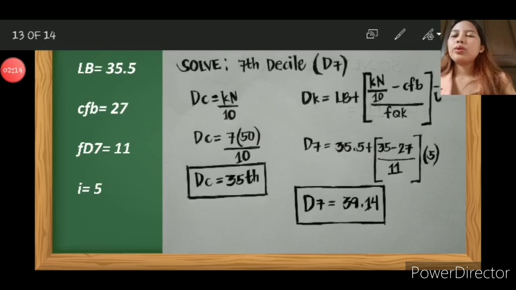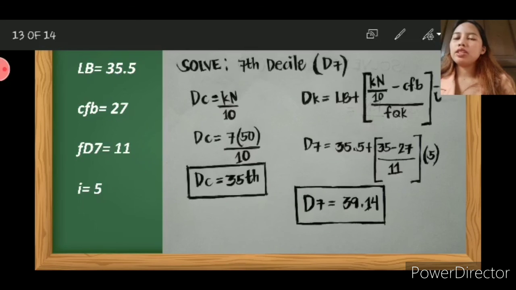So we have to solve the 7th decile, or D7. Here is the formula. D sub k equals Kn over 10. So K equals 7 multiplied by 50.